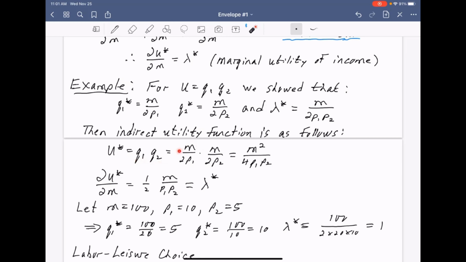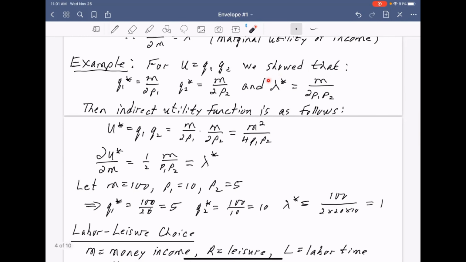The indirect utility function, as a result, is equal to U star of Q1, Q2. We substitute these values that we found for the ordinary demand functions into that utility function, and we get that U star, the indirect utility function, is equal to M squared over 4P1P2. If we take the derivative of the indirect utility function with respect to the income, we get that 1/2 M over P1P2 is equal to this lambda star.